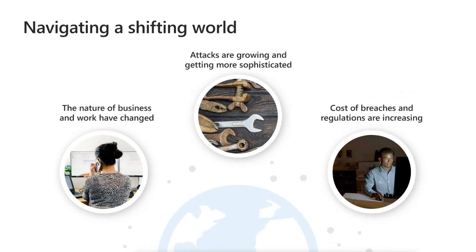Now, first off, I want to quickly touch on how I see the world has changed. When I started at Microsoft back in 2005, we couldn't even get email without being connected to the corporate VPN. And then a few years later, as mobility started to take off, that quickly changed.